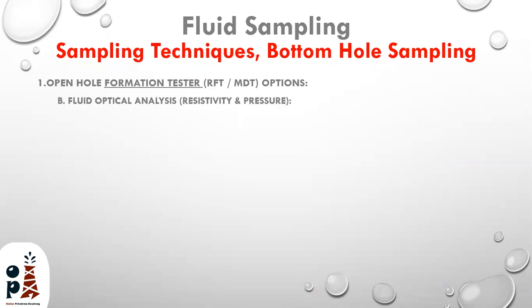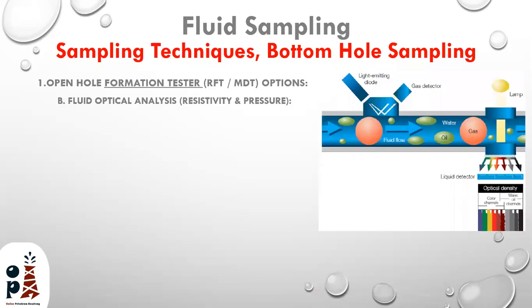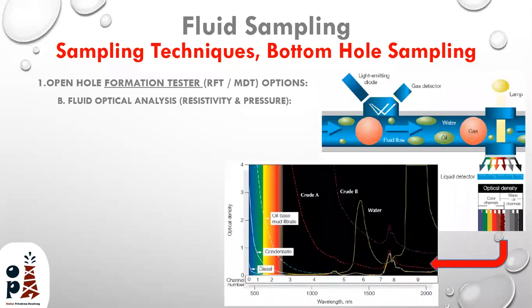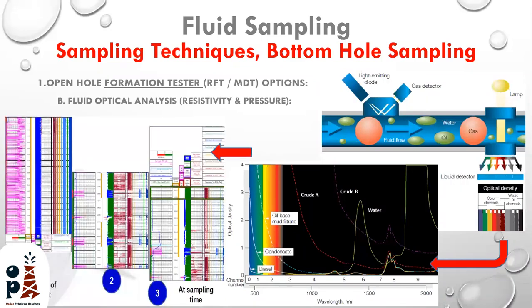the sampling process. Also, for the MDT or RFT tools, we have the optical fluid analyzer. The optical fluid analyzer uses the optical properties of the various fluids. So, when we start pumping out fluids from the reservoir, it uses the optical properties of water, oil and gas to give an interpretation of the fluids being pumped from the reservoir.